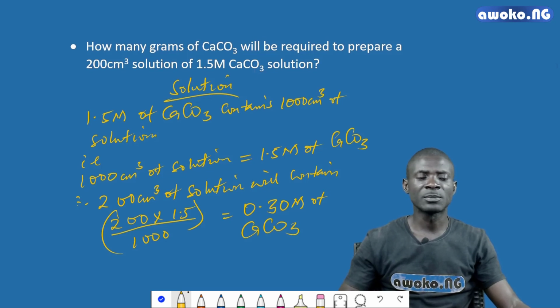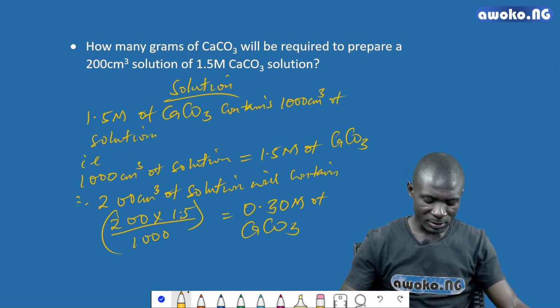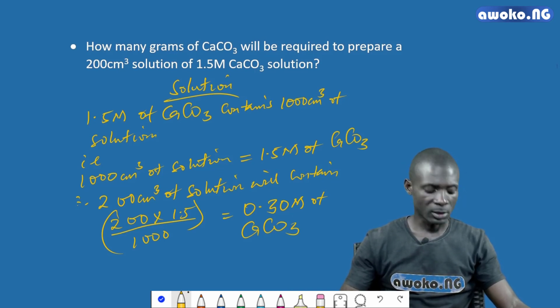So this is the amount of CaCO3 when it is dissolved in 200 cm cube of the solution.